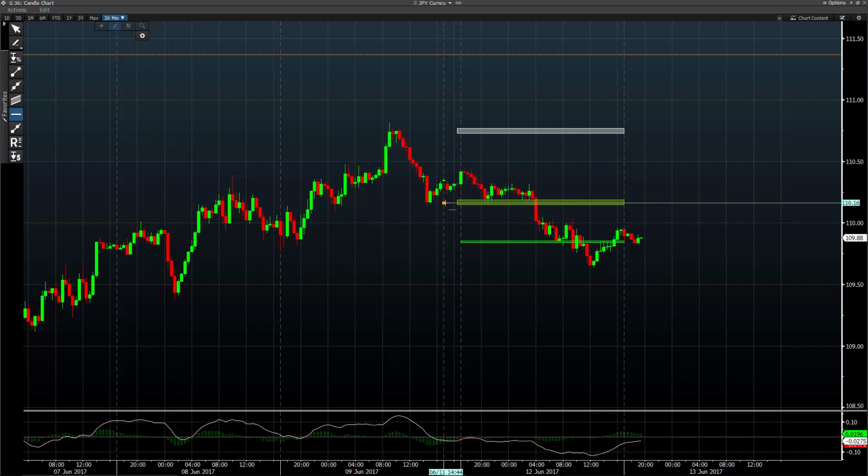So if anybody has ever seen my classes or my webinars, you'll understand where it's coming from. The second support zone is 109.85. The third support zone is down at 109.35, but it never came into play today, so I'm not going to focus on it. Resistance zone number one was 110.75. Again, didn't really come into play.